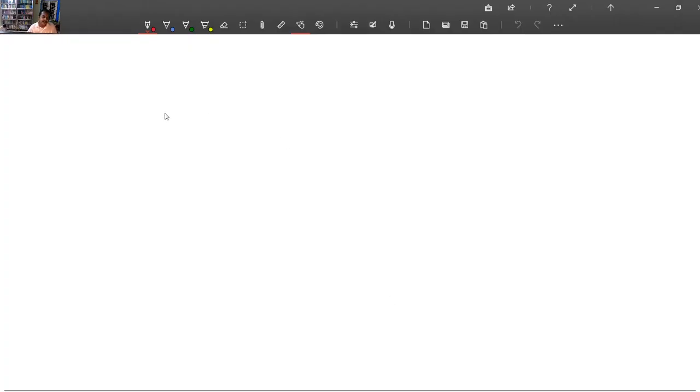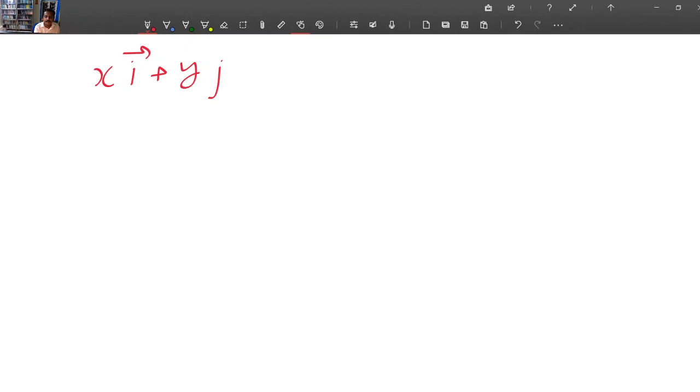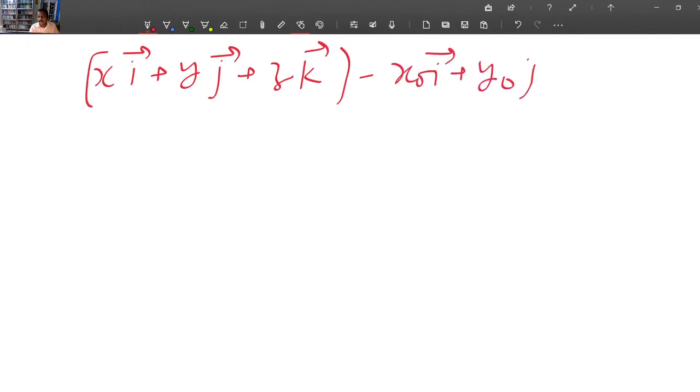So from equation 1 you have xi plus yj plus zk minus x naught i plus y naught j plus z naught k.